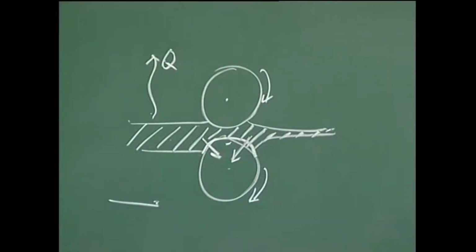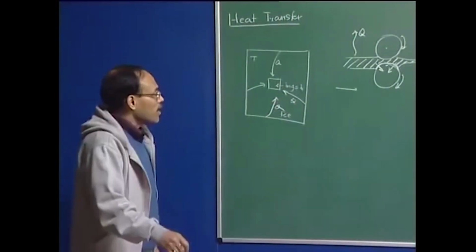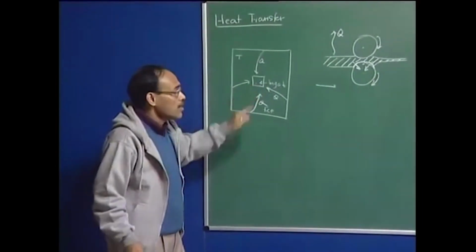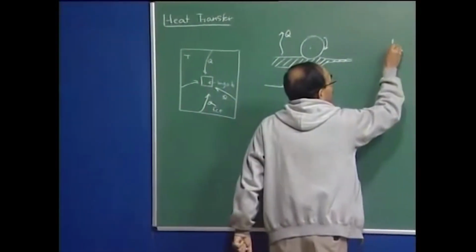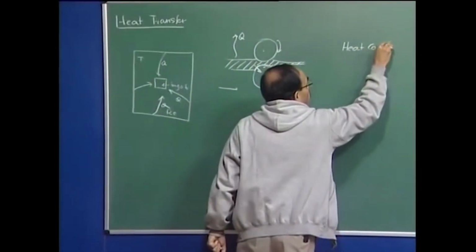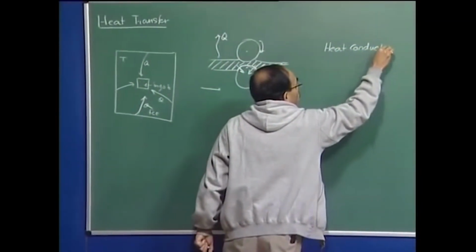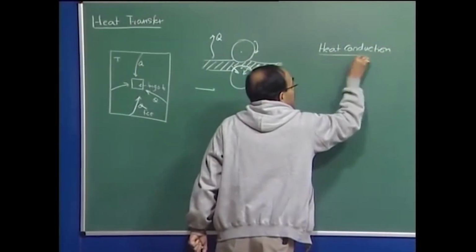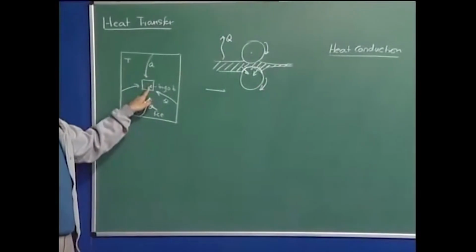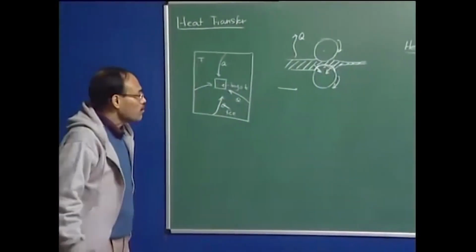Now there are three fundamental mechanisms by which heat flows from an object, and within a solid object the primary mode of heat flow is called heat conduction. As I said, it is the only mode of heat flow within the solid. In the solid, no other mode of heat flow can be there.